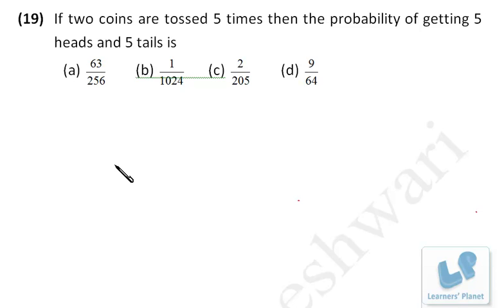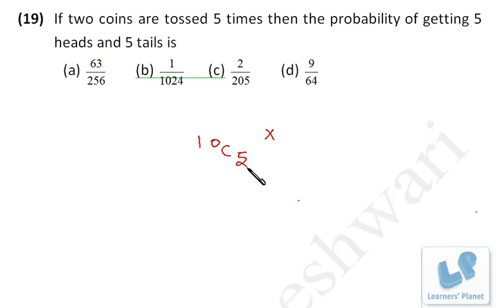What is the alternative method to do this problem? If a coin is tossed 10 times, then the probability of getting 5 heads and 5 tails. In all, we are tossing a single coin 10 times. So I choose 5 tosses in which we are getting heads. In the remaining, we must be getting tails.